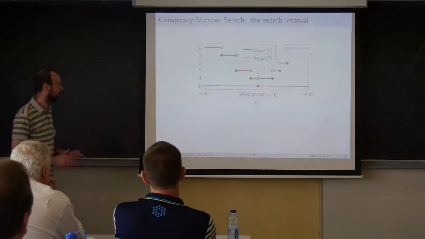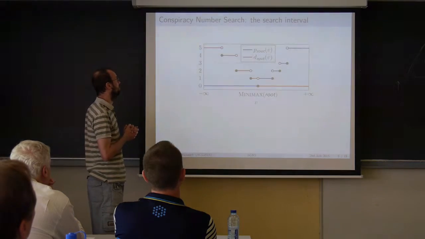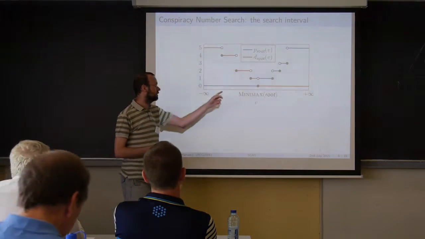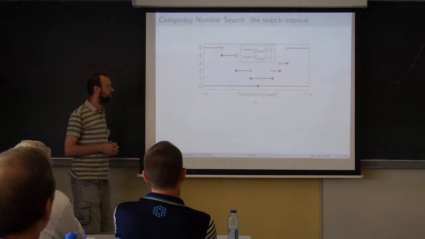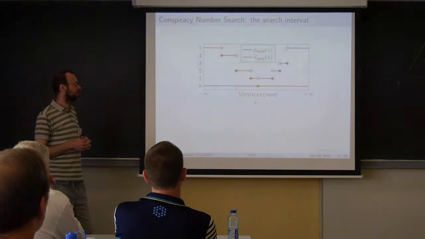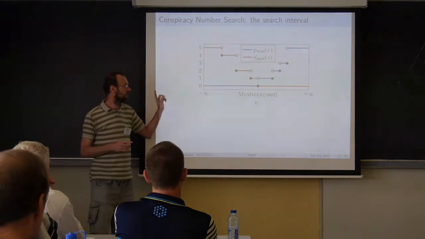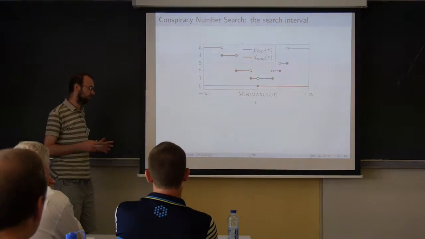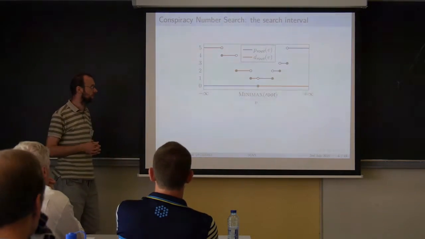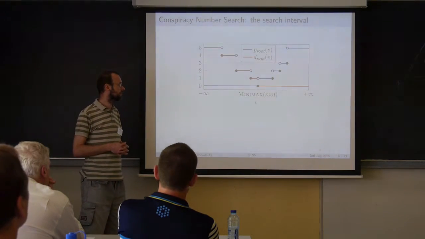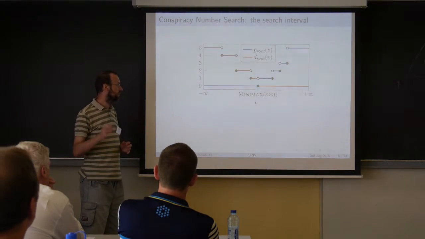So let's take a look at how these proof functions can look. In a node, the blue function I will call the proof function. Below the minimax value of the node, it is always 0 because we already achieved the goal. Above the minimax value of a node, this function slowly increases.